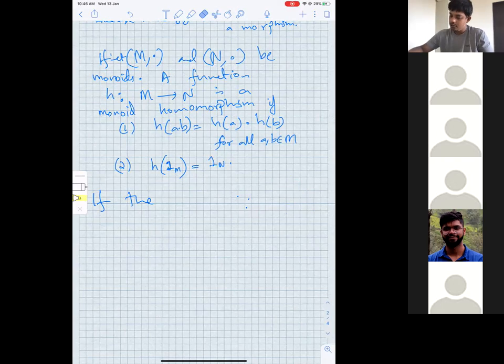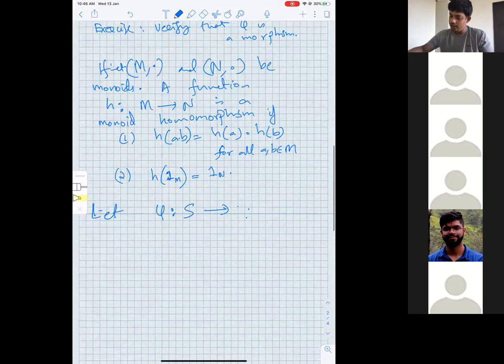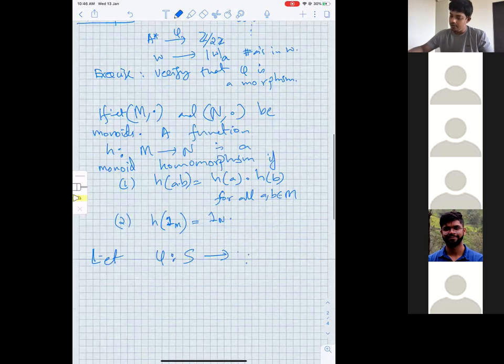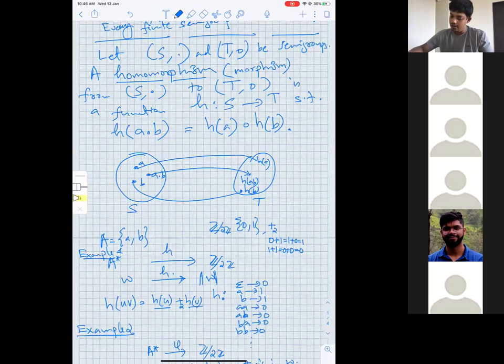Okay, special case. Right now I am writing the dot and circle separately because I wanted to specify what the operation is in each of these monoids, so I wrote h of a dot b is equal to h of a circle h of b.